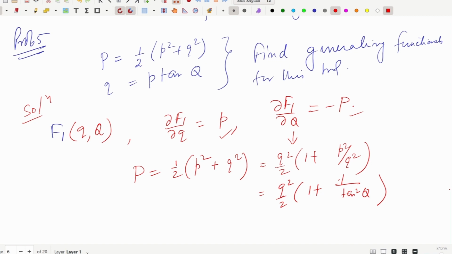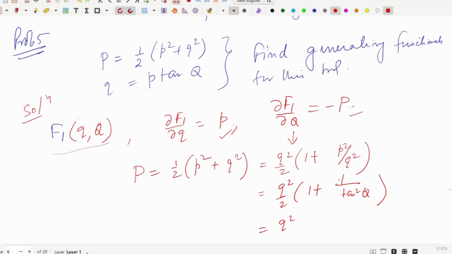Okay. See, we are looking for F1. So, we should write our final expression, that means for capital P or small p, in terms of small q and capital Q, such that when we perform integration, this small q and capital Q are independent variables for F1. So, we can take one variable outside the integration.